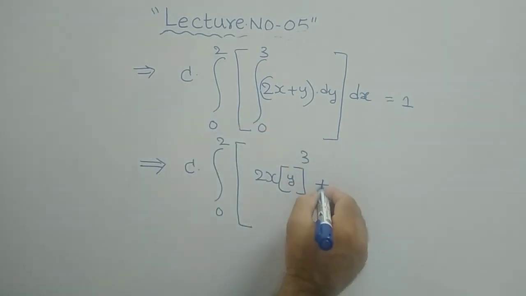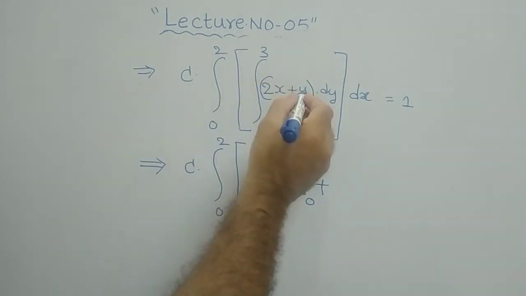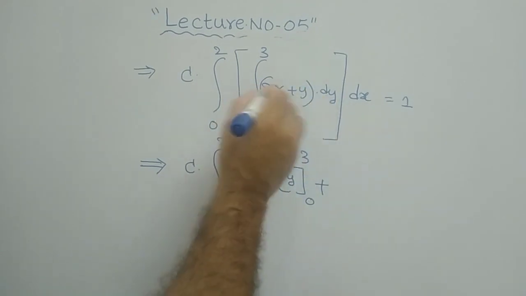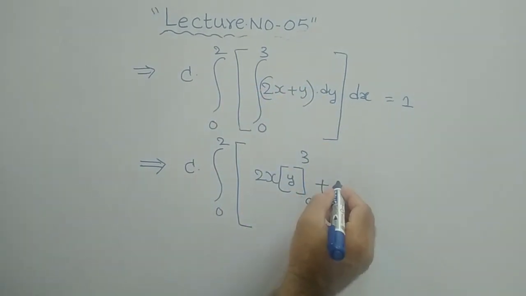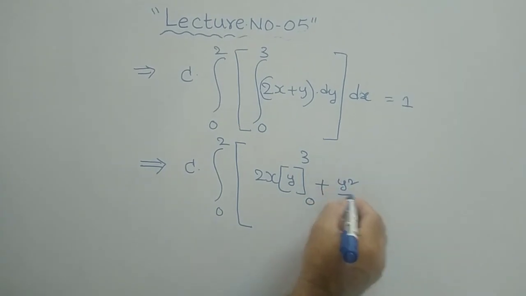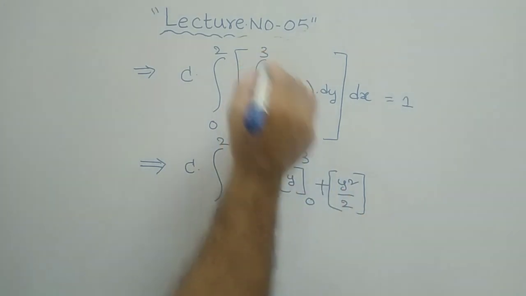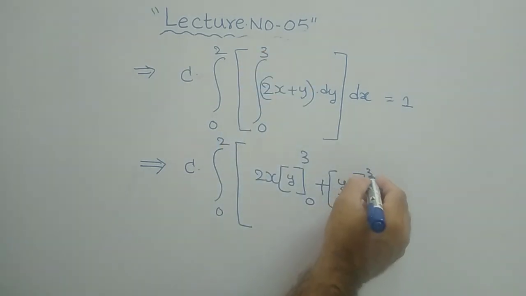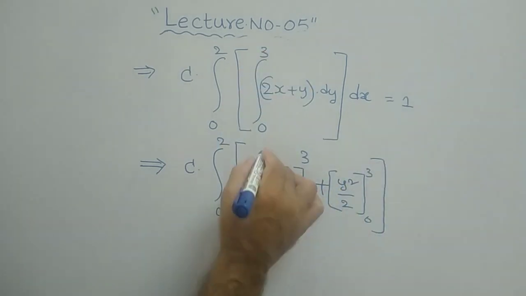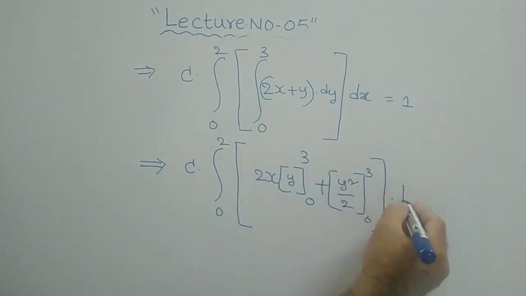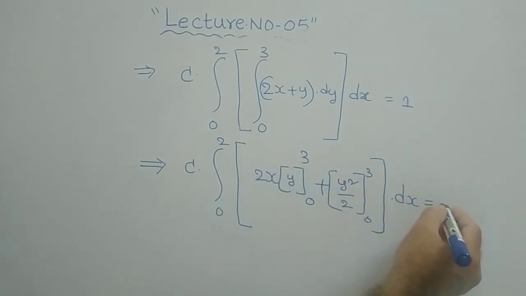And plus integral of y dy. Integral of y, what is the formula? It is y square by 2. Therefore it is y square by 2, and within this you substitute the limitation 0 to 3 again. Clear? Now totally you keep it in a square bracket. Now write your dx here, and 1, obviously it is like that only.